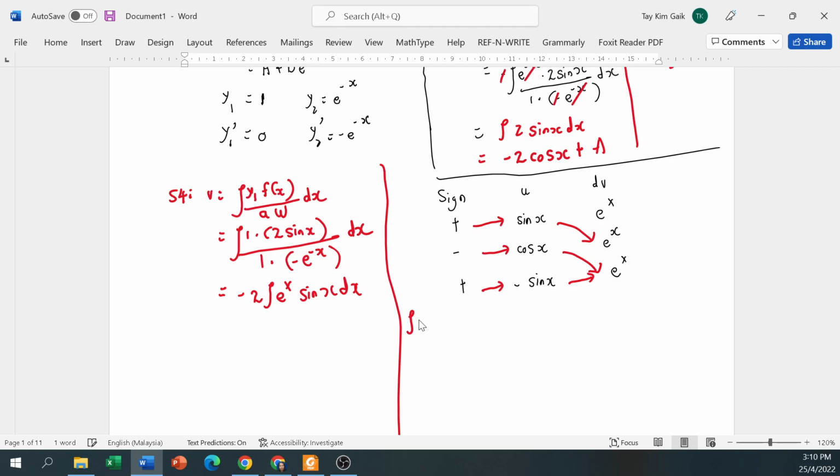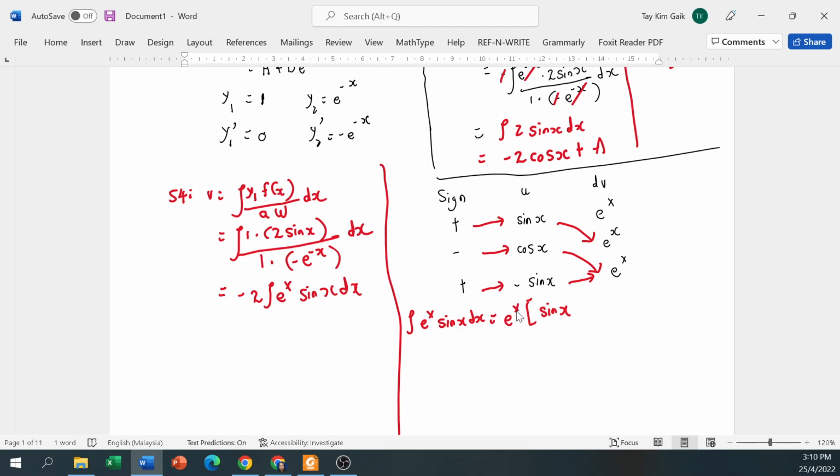So the integral of e^x sin x dx. If you follow the slanting arrow, you have e^x sin x. The second slanting arrow is negative cos x e^x.